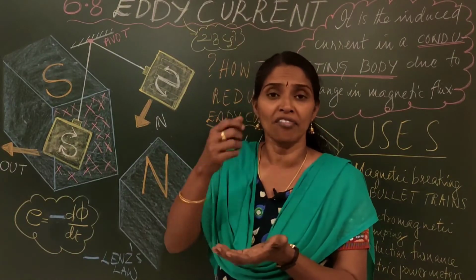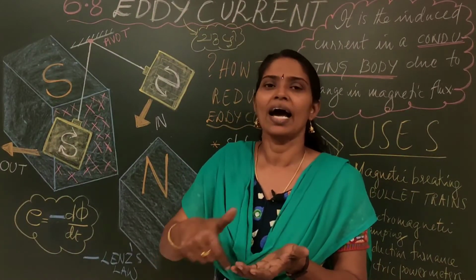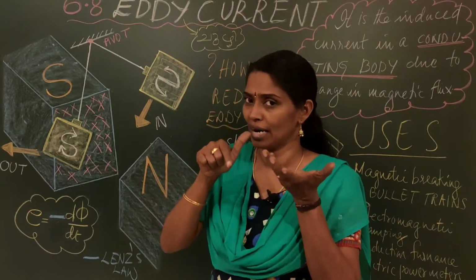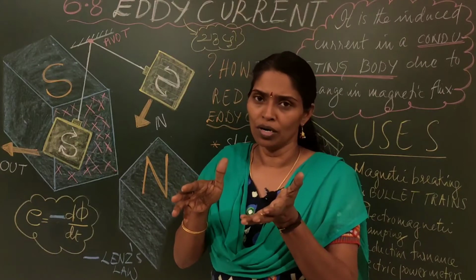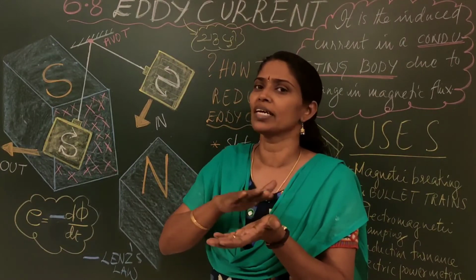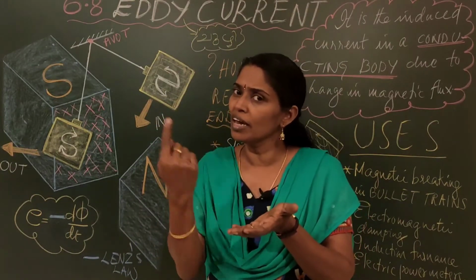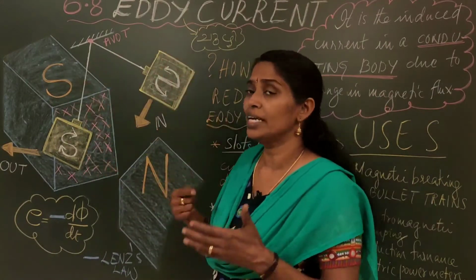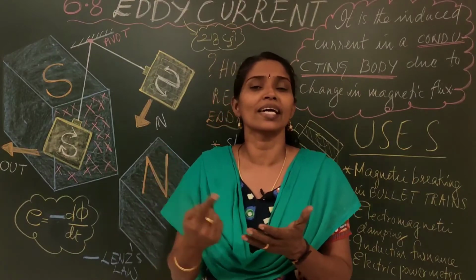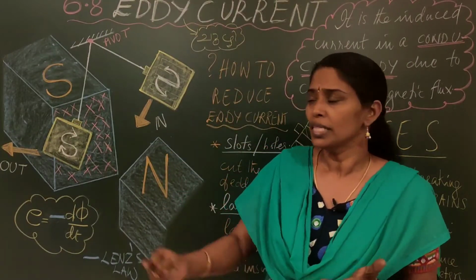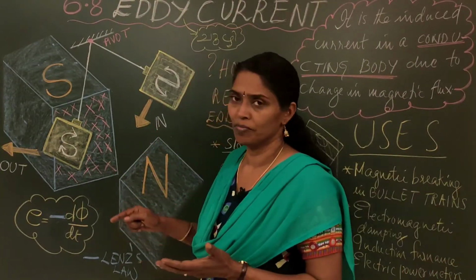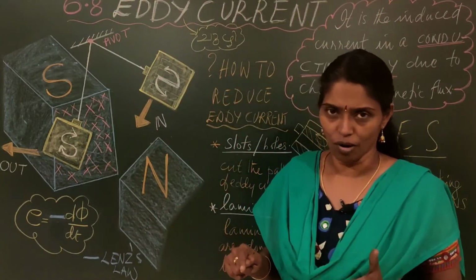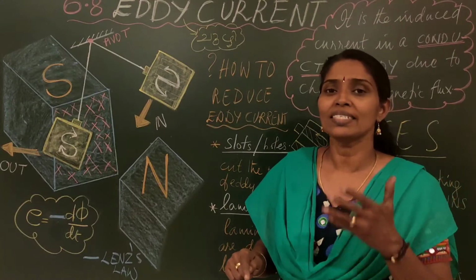They are affected by magnetic force and it results in the movement, and it moves in such a manner like a whirlpool. You have heard the term whirlpool inside the water. It resembles a whirlpool. Hence the term eddy. Eddy, the word meaning is like a whirlpool. So that particular whirlpool which is formed inside this metal block or conducting block is known as eddy current.